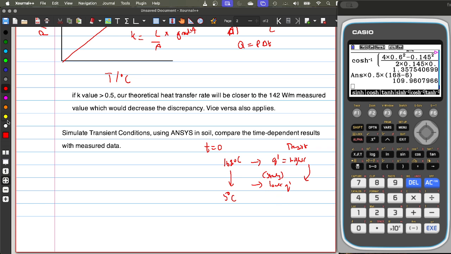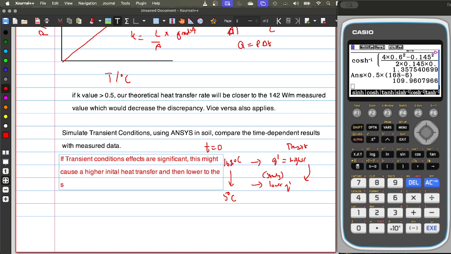So let's go back to our typing here. If transient conditions effects are significant, then we can say that this might cause, which I said earlier, a higher initial heat transfer, and then lower to the steady state.